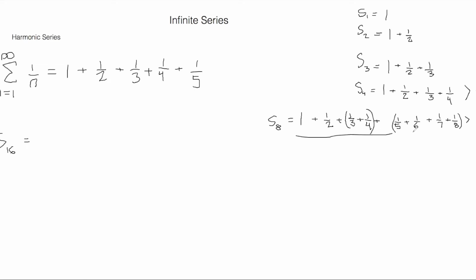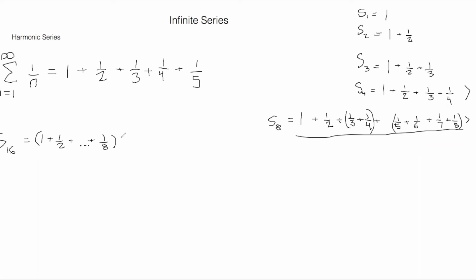So we know that all of this going from 1 to 8 is greater than 5/2. So I want to just write this as 1 plus 1/2 plus, skip a few, up to 1/8. And we know that this part right here is greater than 5/2. So then let's do something similar, going from 1/9 all the way up to 1/16.